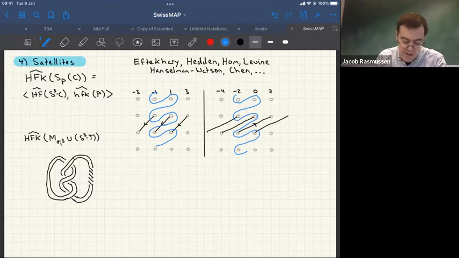Okay. And so what do I see? I think 5 generators here, which are these 5 intersection points. And if you work out their Alexander gradings, you'll see that, maybe I'll draw these in 2 different colors, blue and red. So blue.